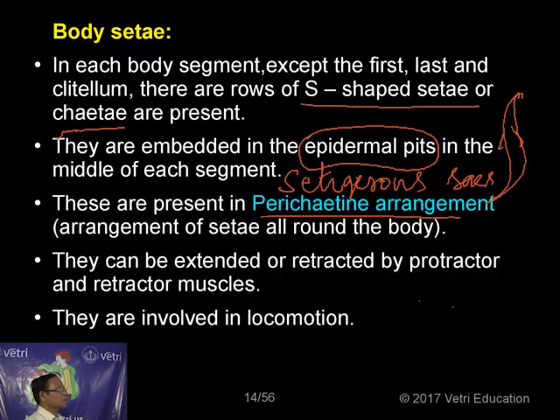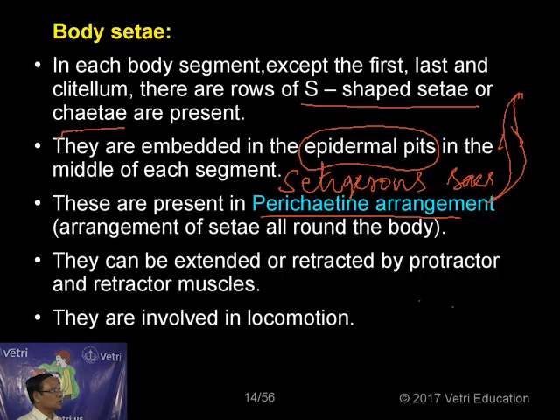So these are present in the perichaetine arrangement, that is, arrangement of setae all around the body in the form of rings. Now they can be extended or retracted from the sac, or epidermal pit.